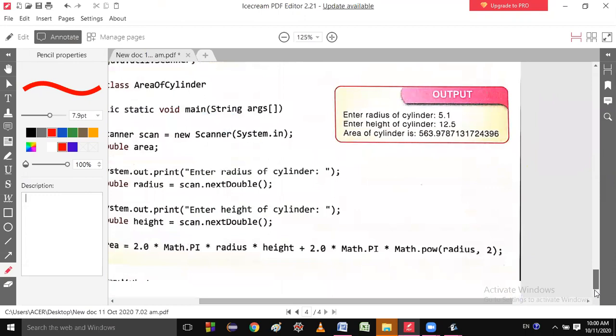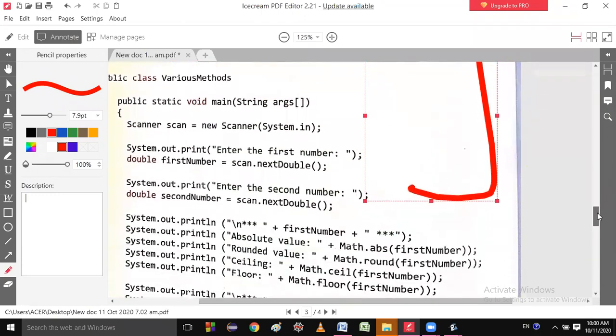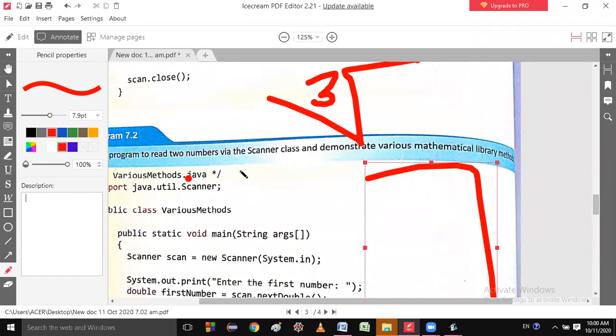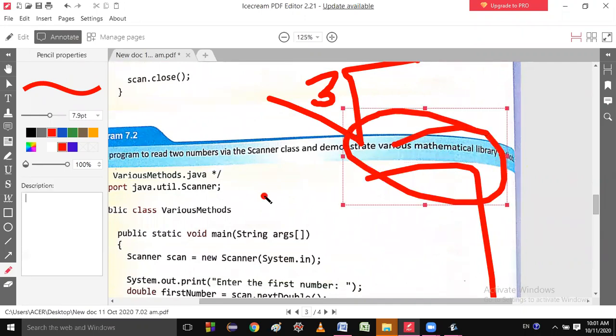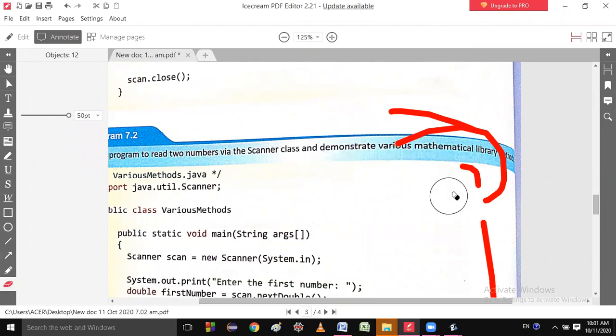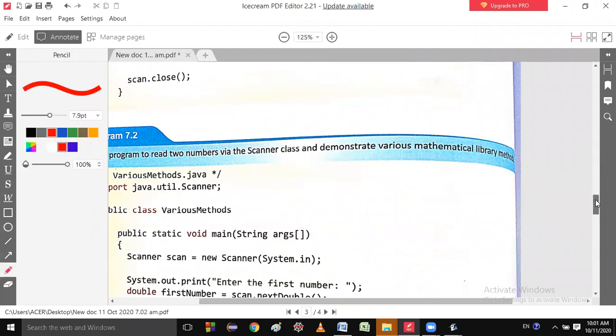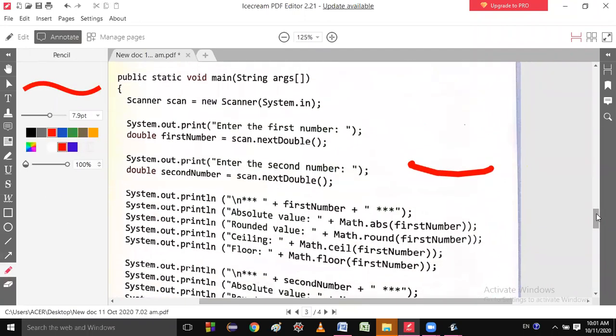That means you read the 2 numbers and you will use all the mathematical library functions. Can you do this thing? Yes, we will try.